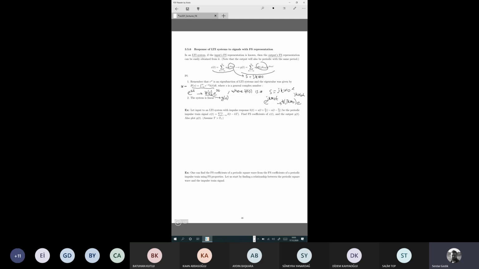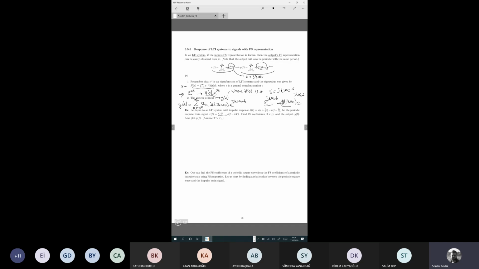Well, this is the case. So if you have e^{jkω0t} instead of e^{st} at the input, at the output you have H(jkω0) times e^{jkω0t}. I have done nothing but put s equals jkω0 in this relation. Then, since I have a linear system, y(t) is simply the summation over k from minus infinity to plus infinity of a_k times H(jkω0) e^{jkω0t}.